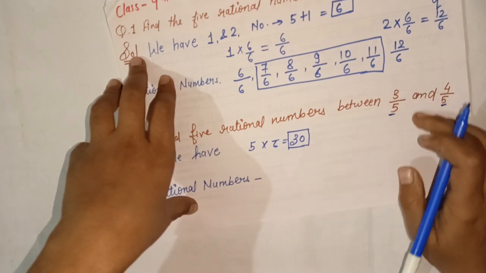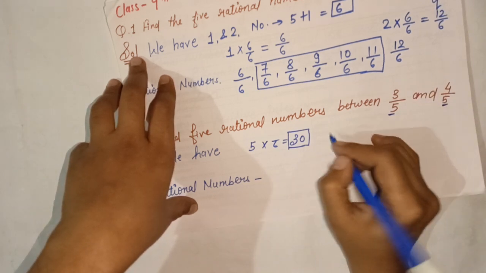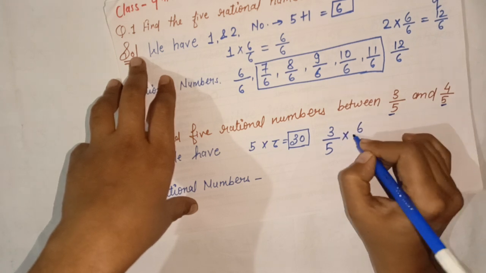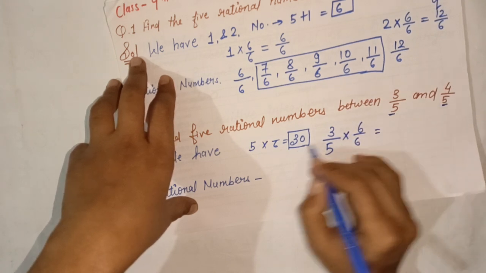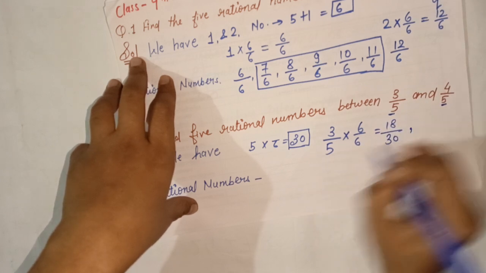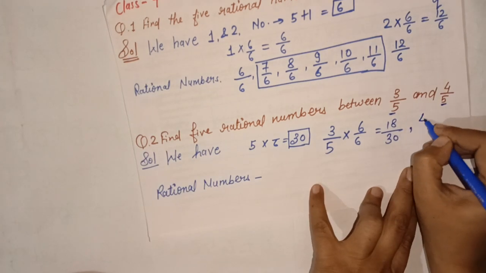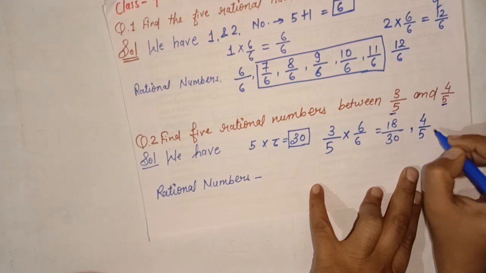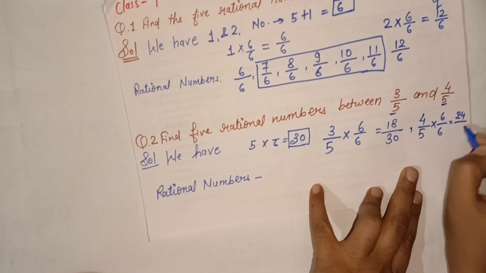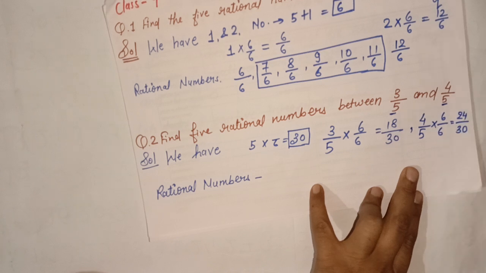How can we make 3 by 5 as something over 30? We are simply going to multiply 6 upon 6 with it. Then we get 3 sixes are 18 and 5 sixes are 30. And for the upper number, that is 4 by 5, we can also multiply 6 upon 6. So we will get 24 upon 30. Right?